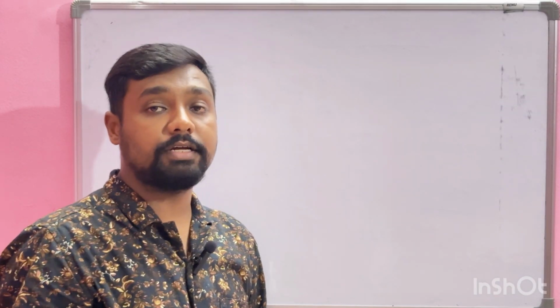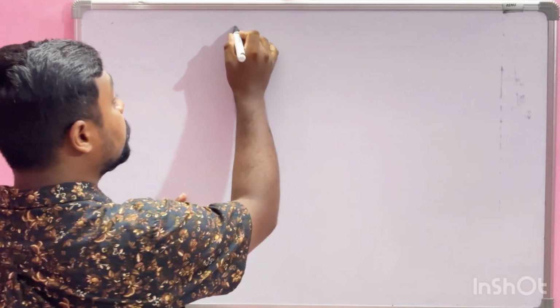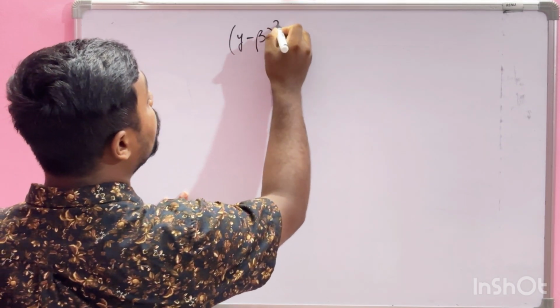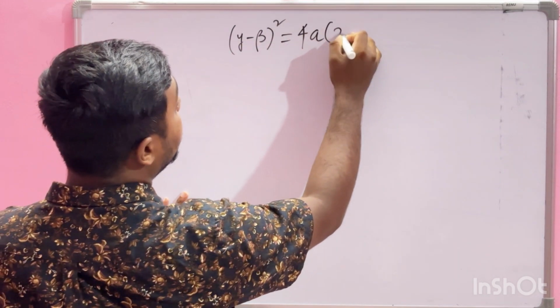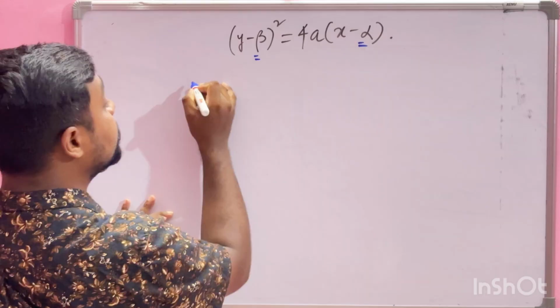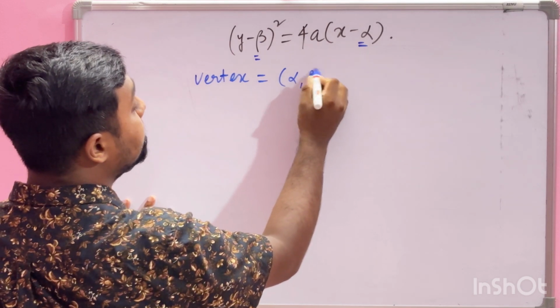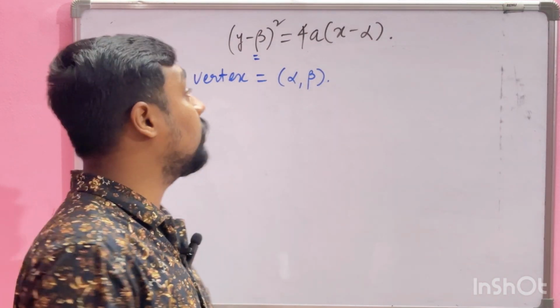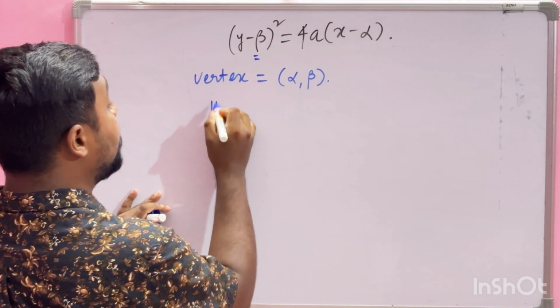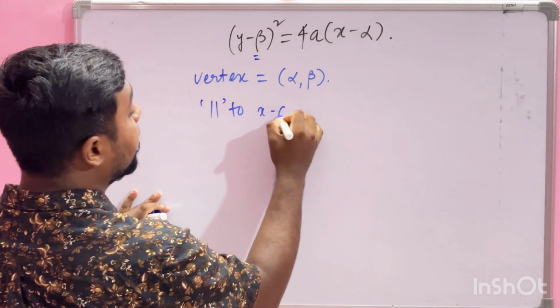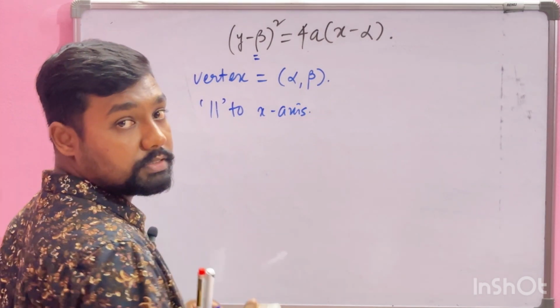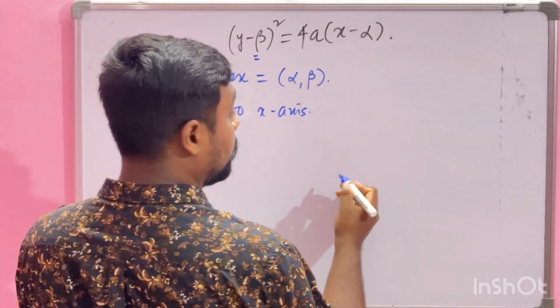Let's discuss another parabola, which is (y minus beta) whole square equal to 4a (x minus alpha). Vertex of this parabola will be (alpha, beta). Axis of this parabola is parallel to x-axis. See how the parabola looks like.